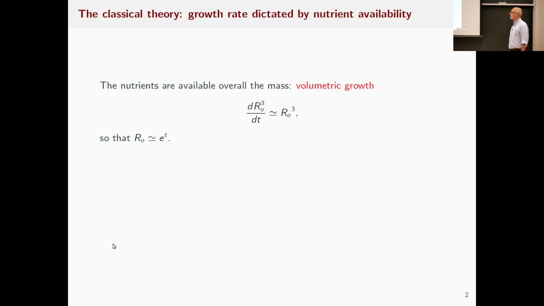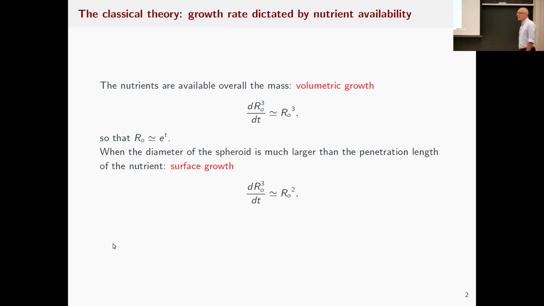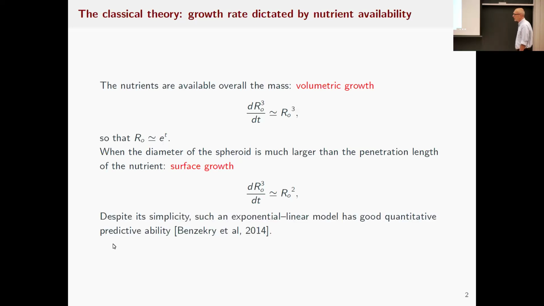If you have some availability of nutrients everywhere, because you still have a small spheroid, you grow exponentially. At later times, in the other extreme case, you are large enough that the diffusion occurs only on a thin layer at the boundary of your spheroid, so you're undergoing surface growth.